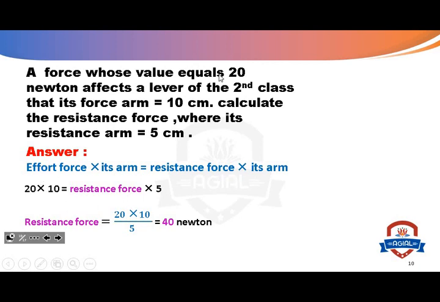So 20 multiplied by 10 equals resistance force multiplied by 5. So the resistance force equals 20 multiplied by 10 divided by 5, which equals 40 Newton.